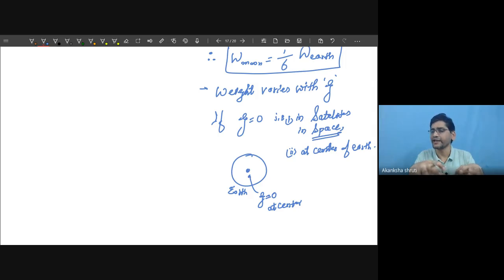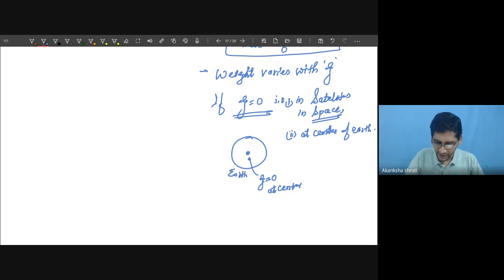It is quite difficult, but by experiment it is determined. So if the g value is 0, then its weight will also be 0.